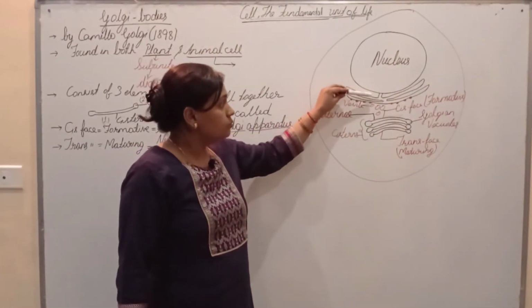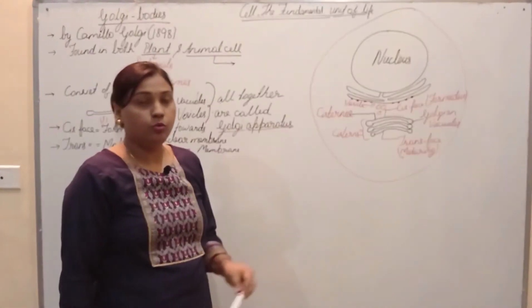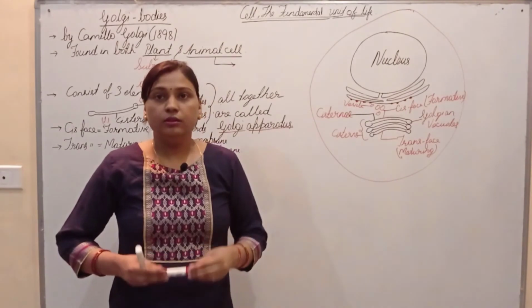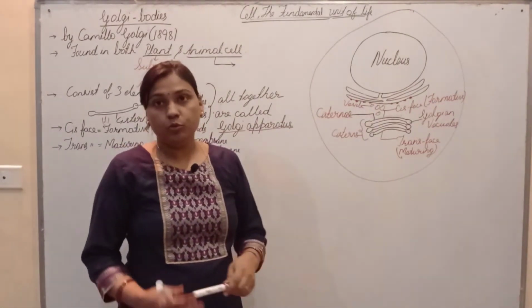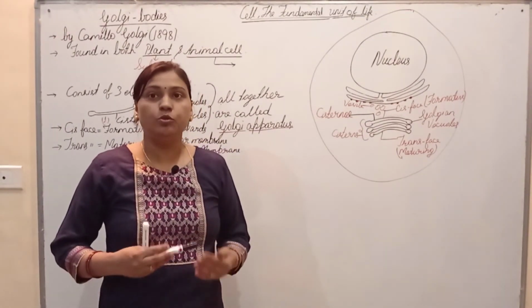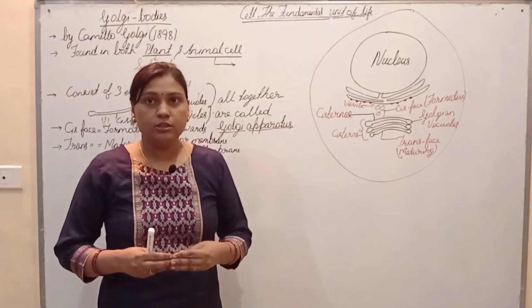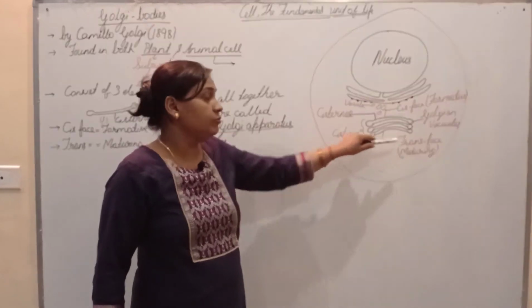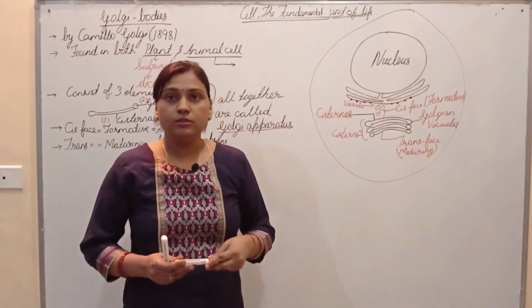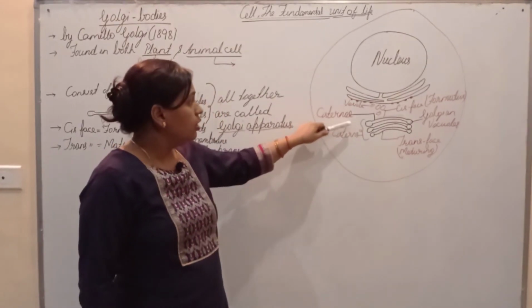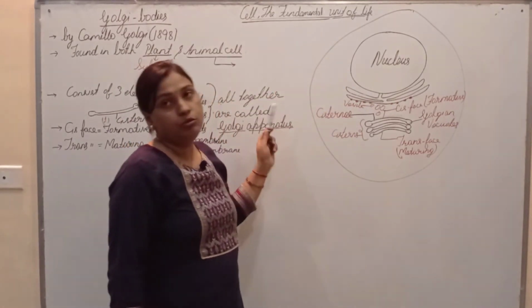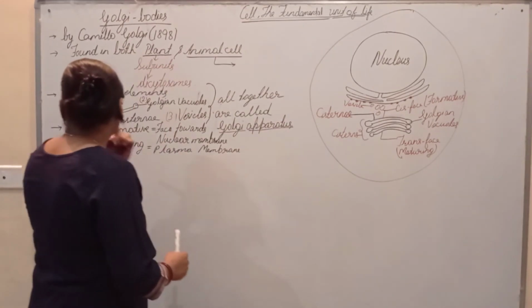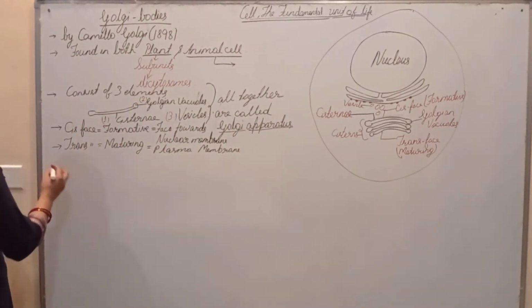The Golgi body again stores these lipids and proteins, modifies them, matures them, and dispatches them via the trans phase to the target inside the cell or outside the cell. So this is the function of the Golgi body.